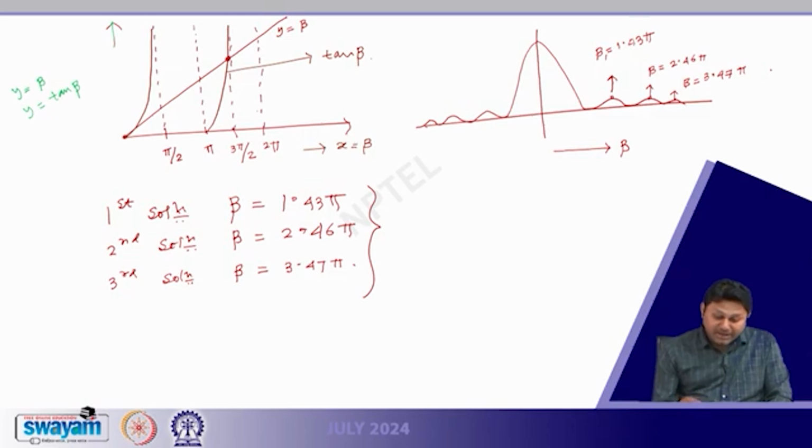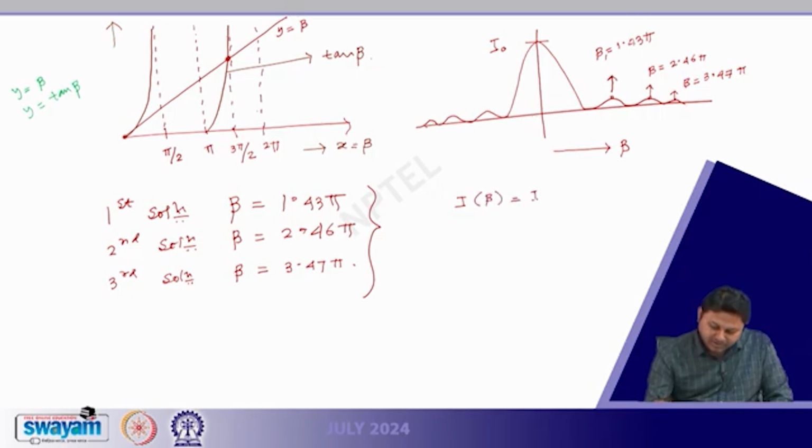So now I need to calculate also what should be the amount of intensity. Here we know the intensity, and that intensity is I naught, and the intensity as a function of beta is known, which is I naught sin square beta divided by beta square.